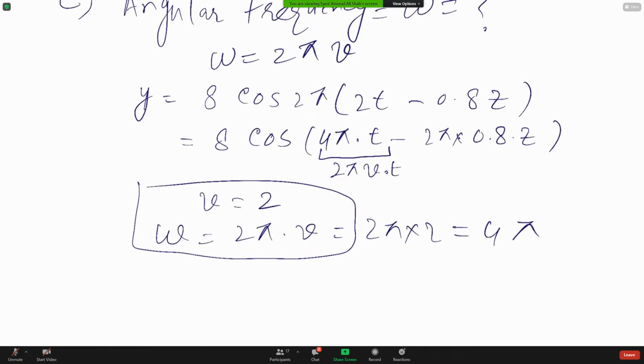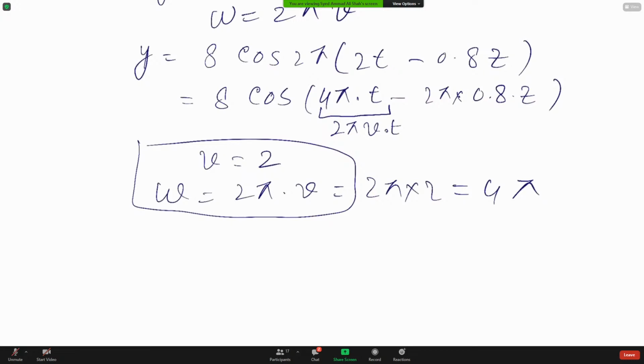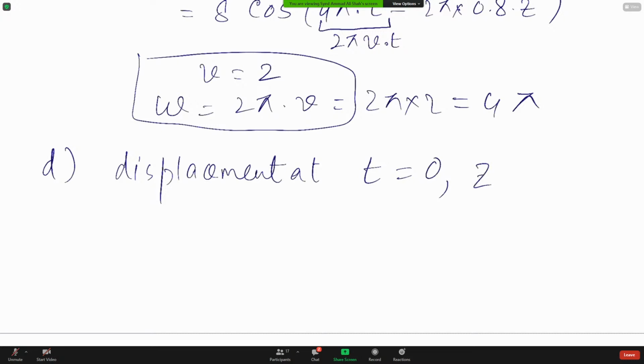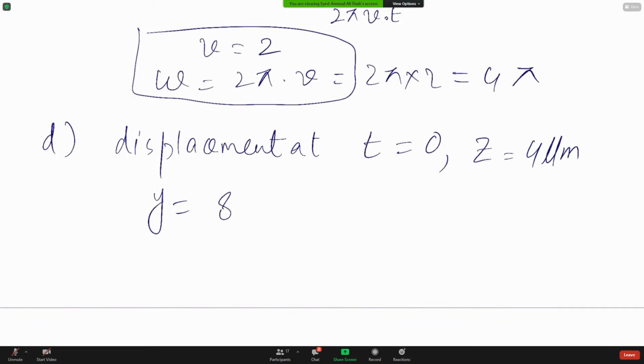Okay, what is the last one? D part. Find the displacement at t equal to 0 and distance 4 micrometers. So let's put y is equal to 8 cos 4 pi, t is 0, and this is your 1.6 pi into 4 micrometers.